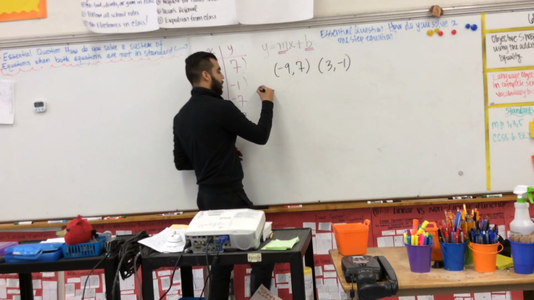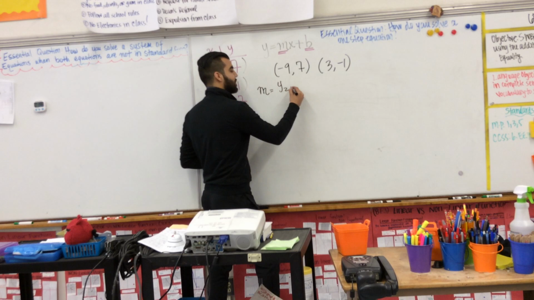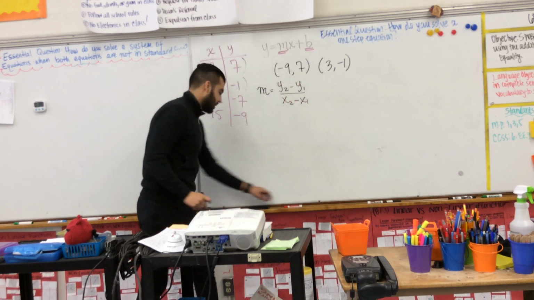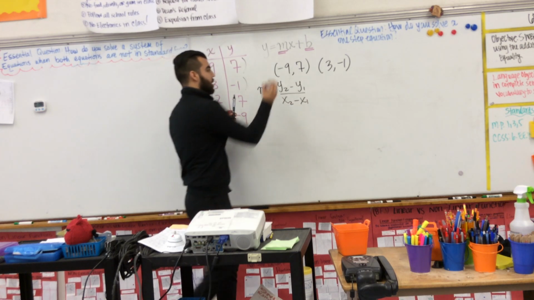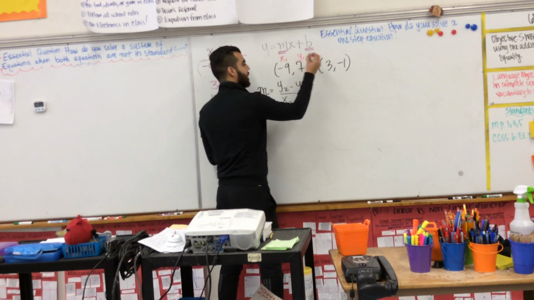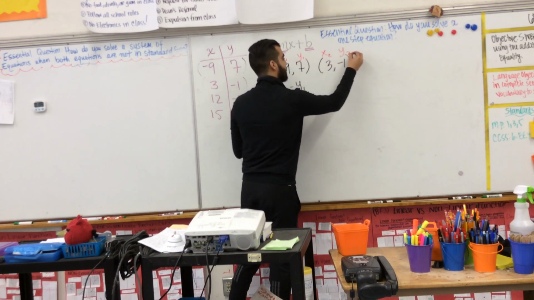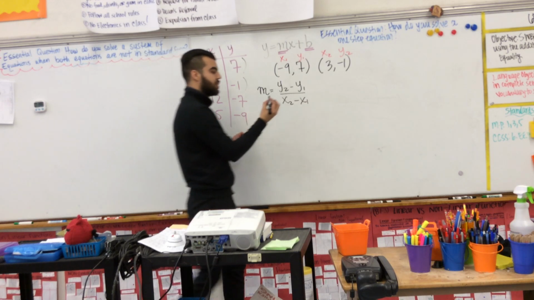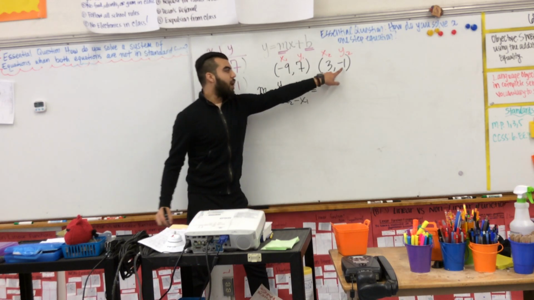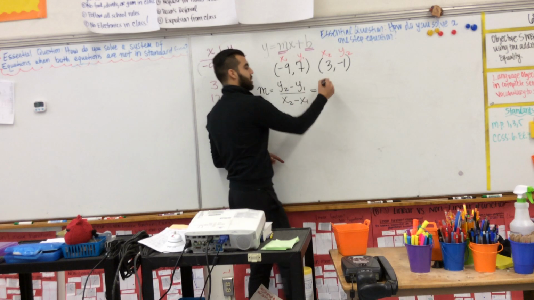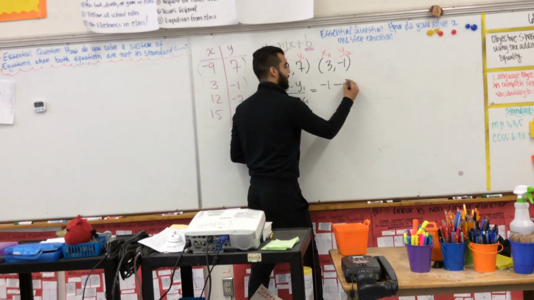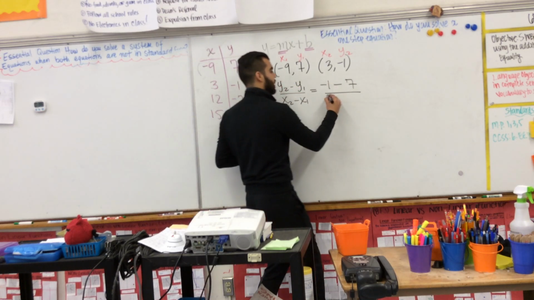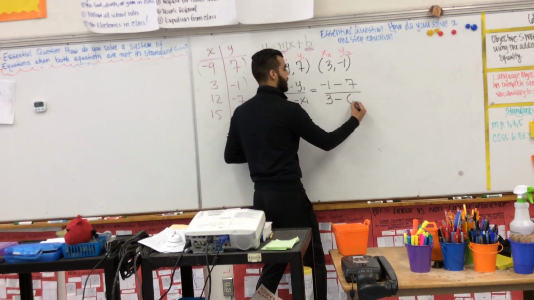Now remember, the formula for slope is y2 minus y1 over x2 minus x1. Let's label these just so we don't get confused. We have x1, y1, x2, y2. Now we can just substitute all those pieces into this equation to find our slope. y2 minus y1, so negative 1 minus 7 over x2 minus x1.